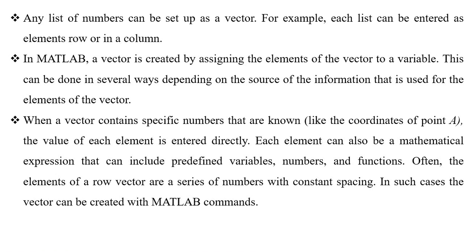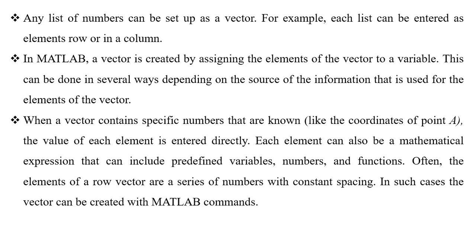So next, any list of numbers can be set up as a vector. For example, each list can be entered as elements in a row or in a column. Next, in Matlab, a vector is created by assigning elements of the vector to a variable. This can be done in several ways depending on the source of information that is used for the elements of the vector.